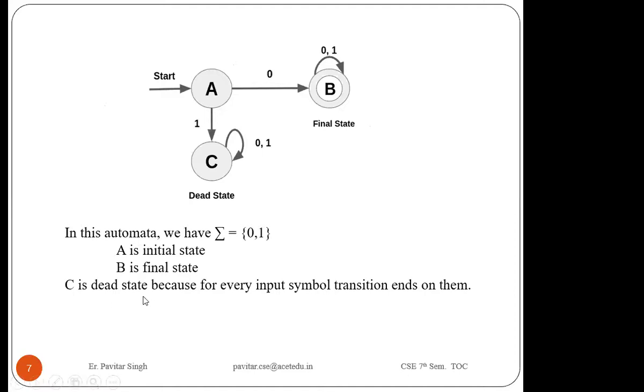Here C is the dead state because for every input symbol, transitions end on it. You can also say transitions for B end on it, but B is your final state, but the C state is the only non-final state.